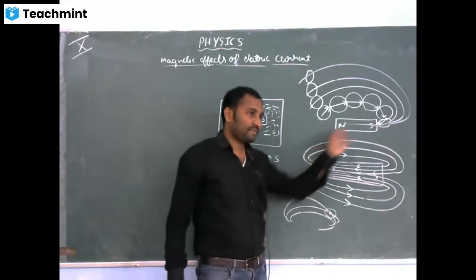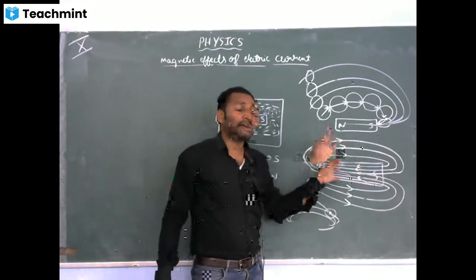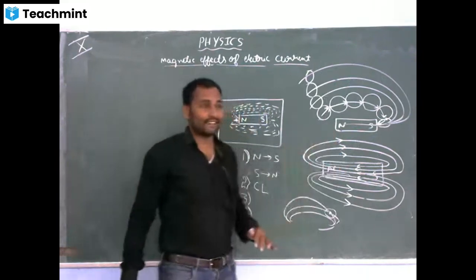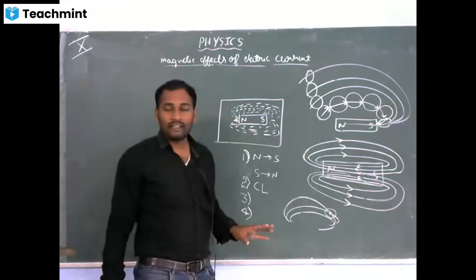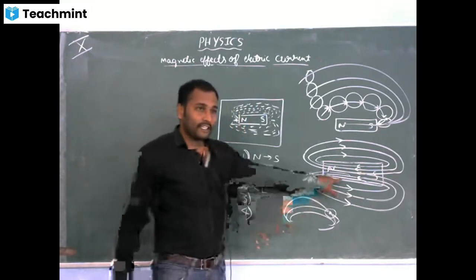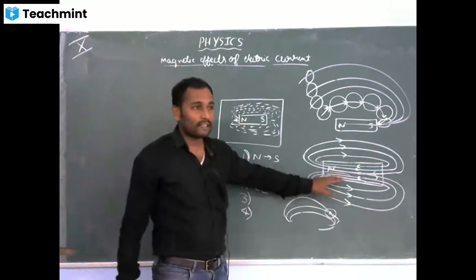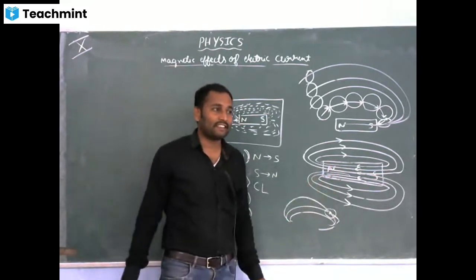At the mid, as the lines diverge, the magnetic field strength decreases. Clear? So the fourth point is that the degree of closeness of magnetic field lines gives the strength of the magnetic field.